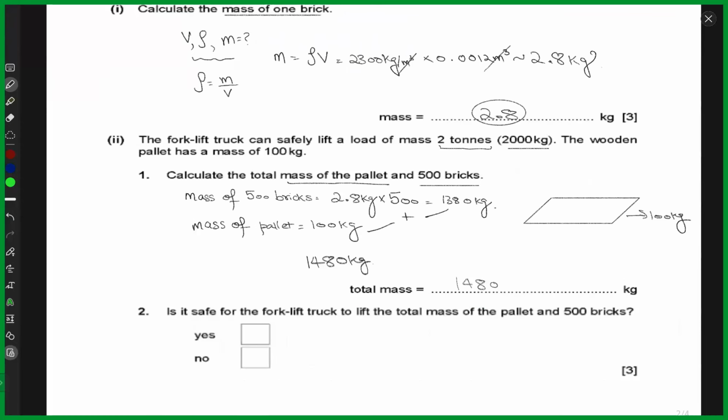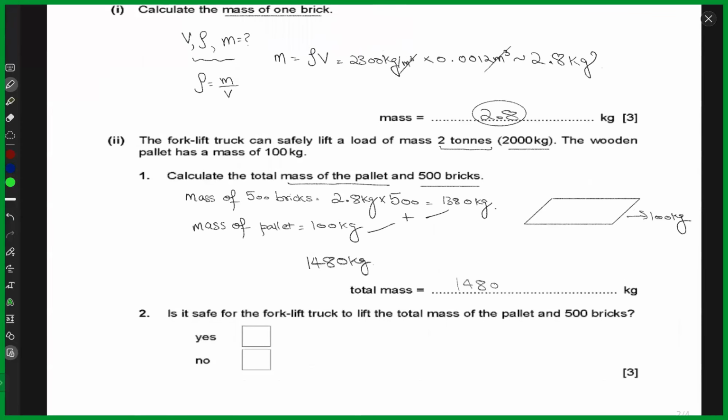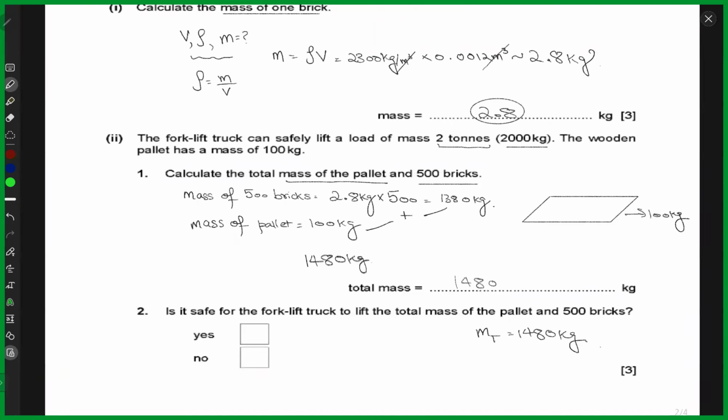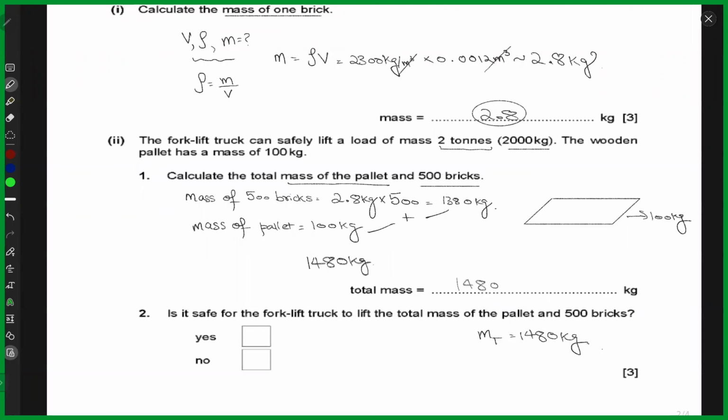Okay, so now, is it safe for the forklift to lift the total mass of the pallet and 500 bricks? So what it's really asking you is if it's safe for the forklift to lift a total mass of 1,480 kilograms. Remember, because the forklift truck can lift 2,000 kg, it can easily lift 1,480.